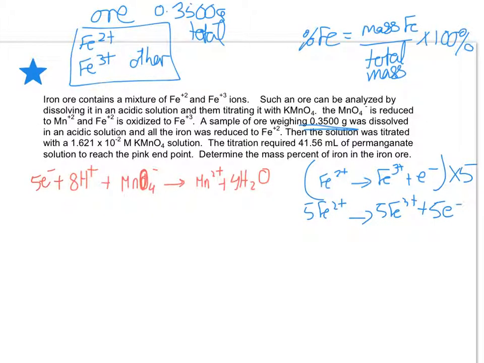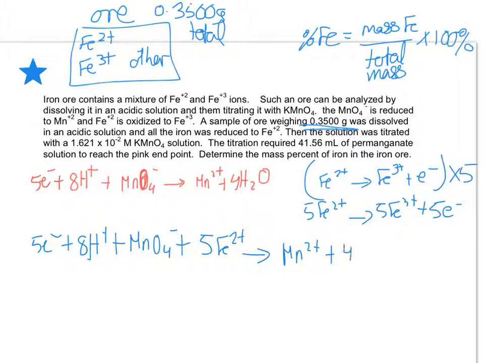Next, you're going to add your two reactions together. So we have, let's see, 5 electrons plus 8 H+ plus MnO4- plus 5 Fe2+ yields Mn2+ plus 4 H2O plus 5 Fe3+ plus 5 electrons.